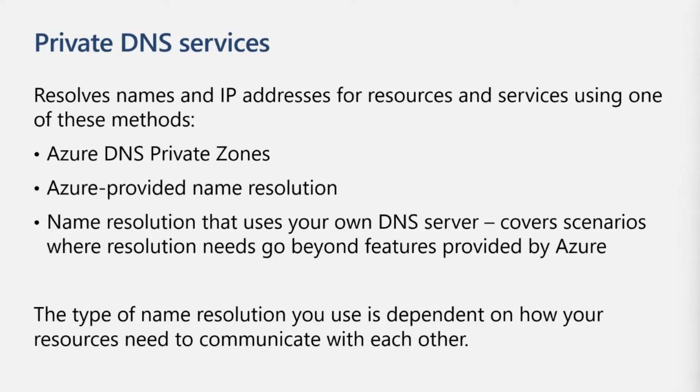So depending on what resources you need to communicate with each other will indicate the type of name resolution that you use. So keep in mind when you are integrating DNS services into your environment, really think about what your use cases are and which ones align closest to fulfilling them.